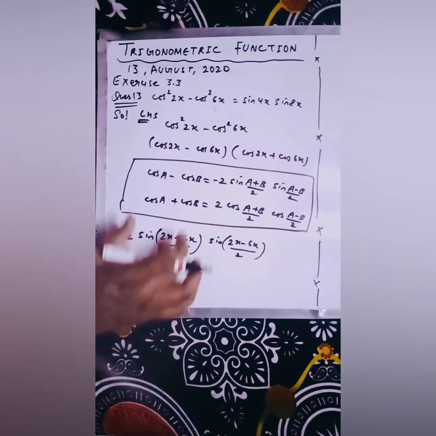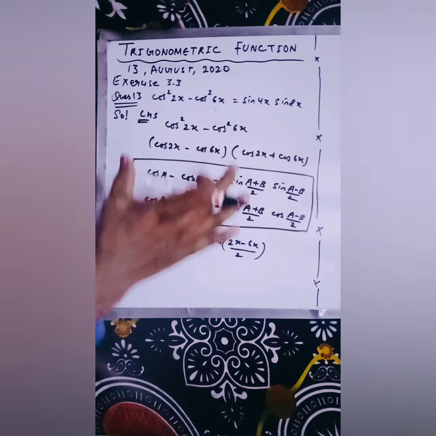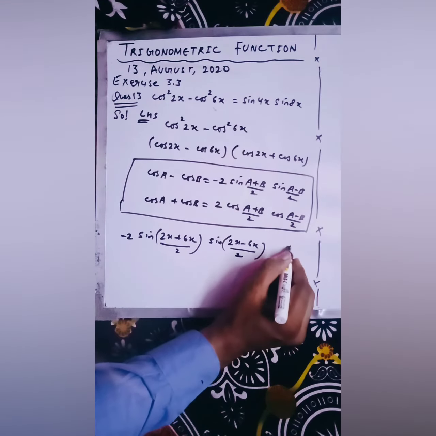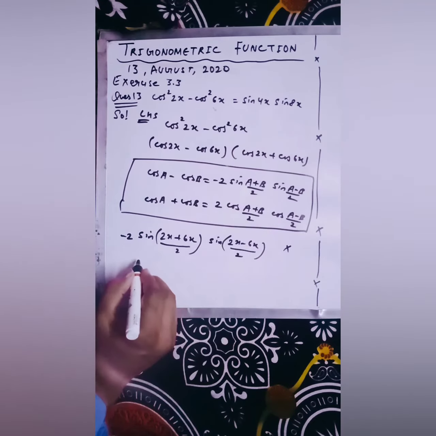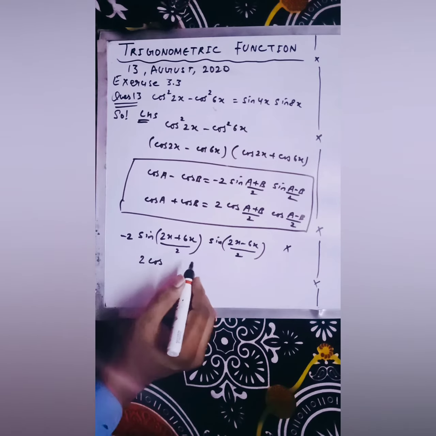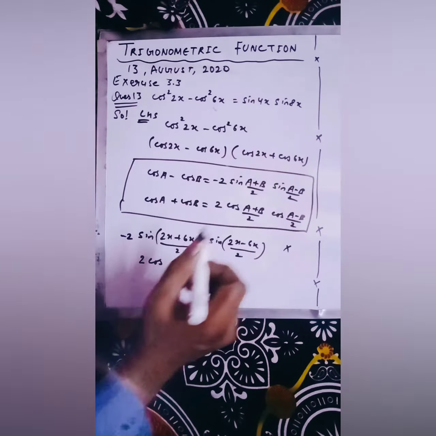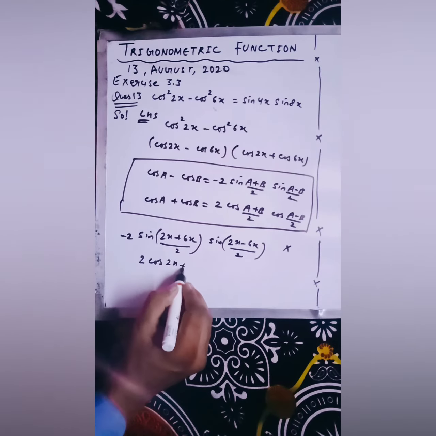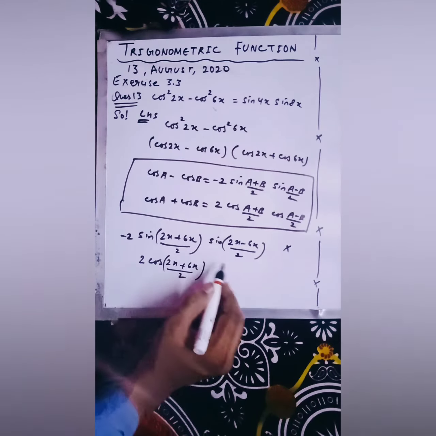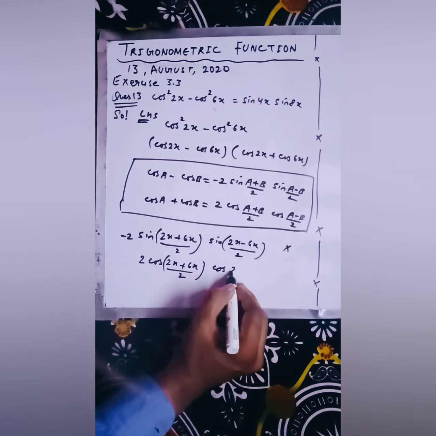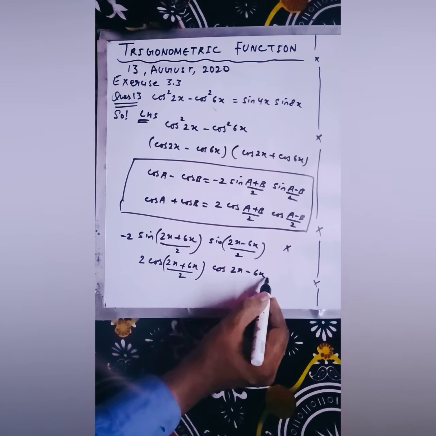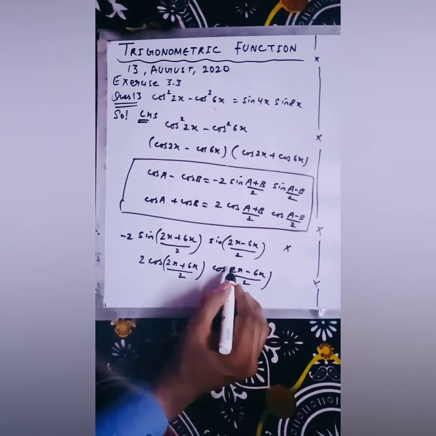Now apply the formula here: 2 cos (a plus b)/2, with a as 2x and b as 6x, 2x plus 6x upon 2, then cos (a minus b)/2, that means 2x minus 6x upon 2.